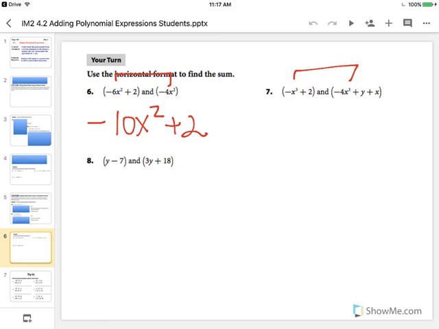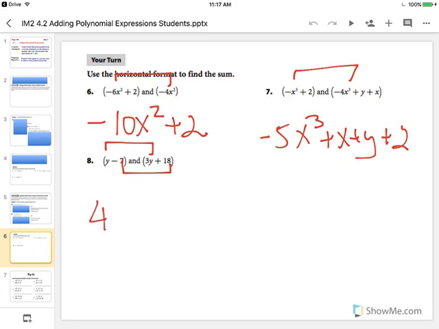Right? So this gives us negative 5x cubed plus x plus y plus 2. Remember that, always write them in standard form. And then these two can be combined, and these two can be combined. So that gives us 4y plus 11.